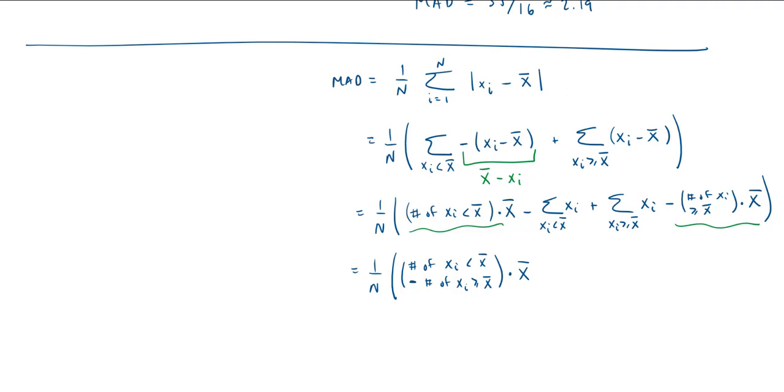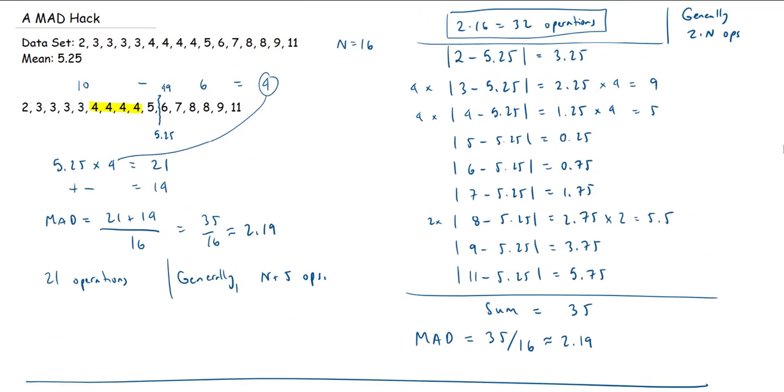Okay, now what's left over? Well, let's write this in a different order. First, I'm going to add all of the xi's that are at least as big as x bar. Then I'm going to subtract all of the xi's that are less than x bar. And that's exactly what we were doing in this next step. This is how we got the 14.